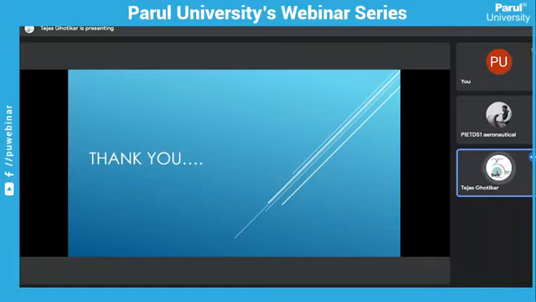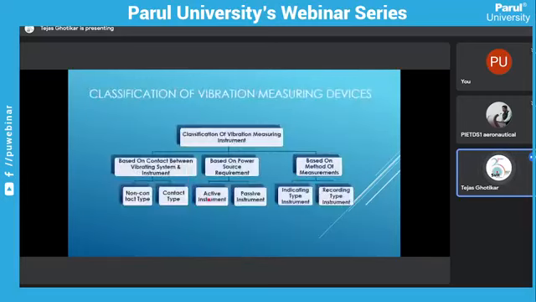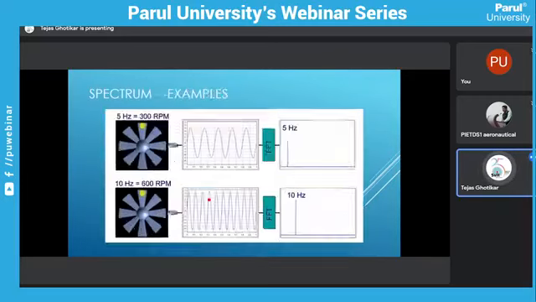Okay, forced vibration means whenever we have a force continuously exerted on a system. If we see this particular figure, the spring mass system we have seen, right?